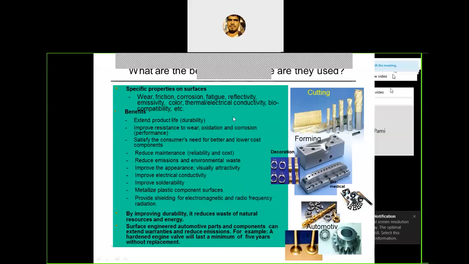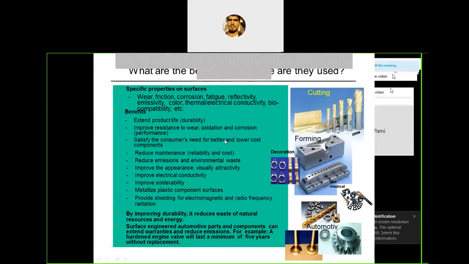That is what increases the reliability. It will increase the reliability and reduce the cost, and of course reduce emissions and environmental waste. If the surface has waviness or is rough, then there is friction. What happens if friction is there? It will increase the temperature.